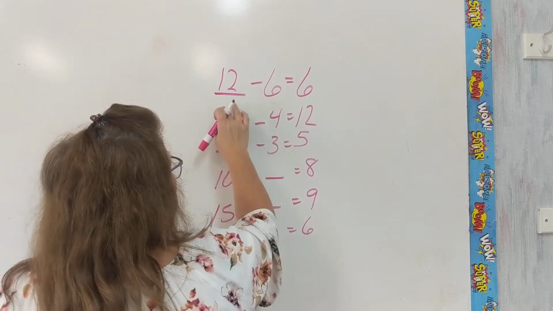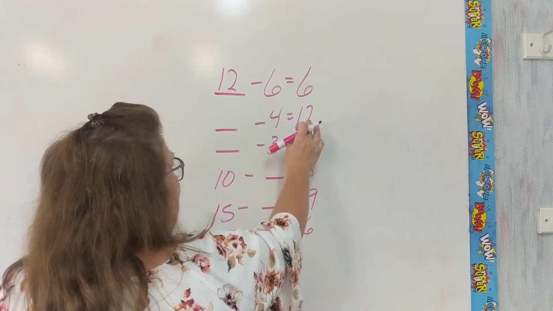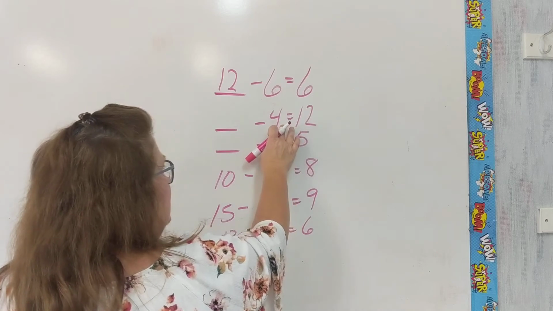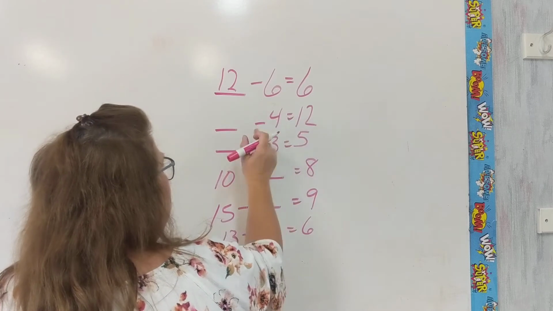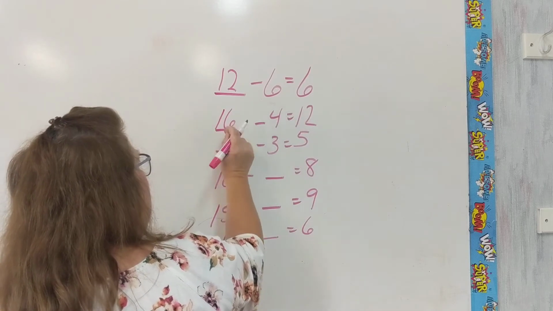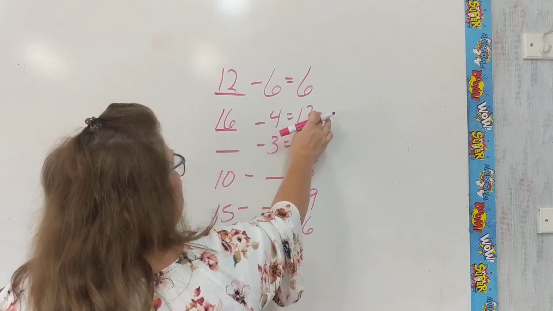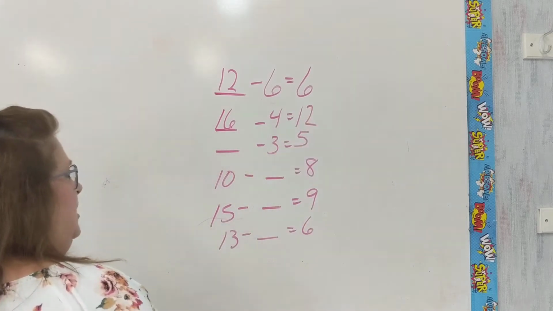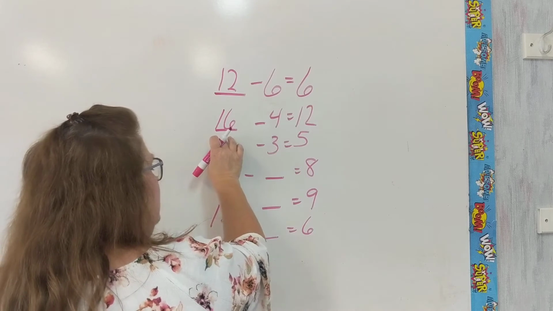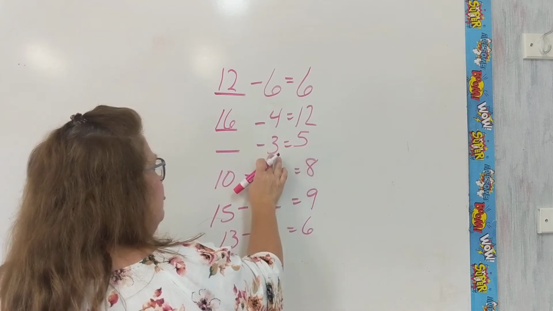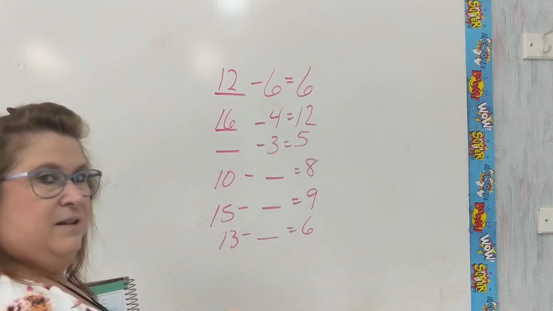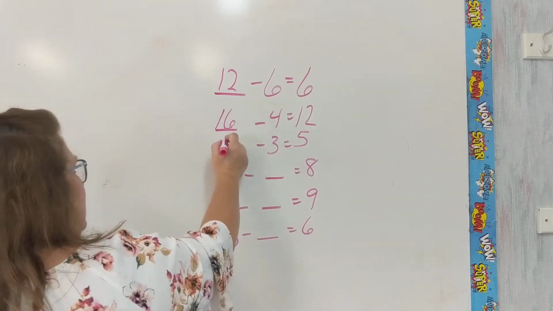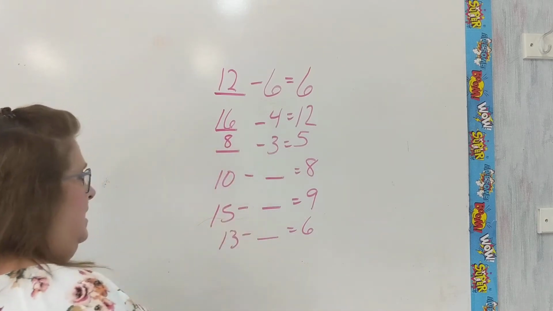Here we're missing our minuend, so we're going to add our difference and our subtrahend together. What's 12 plus 4? Well, it's 16. And 16 minus 4 is 12. Very good. So we're missing our minuend. We add our difference and subtrahend together. What's 5 plus 3? It is 8. And 8 minus 3 is 5.